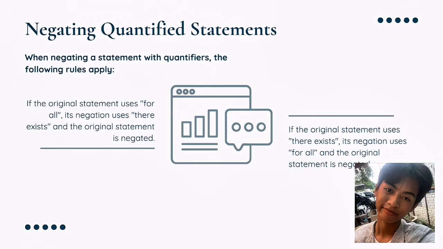First, if the original statement uses "for all," its negation uses "there exists," and the original statement is negated. If the original statement uses "there exists," its negation uses "for all," and the original statement is being negated.